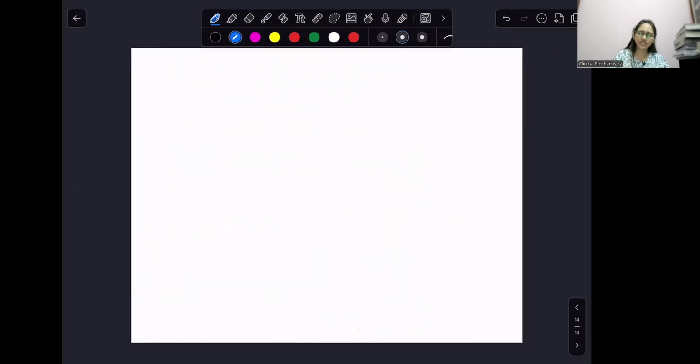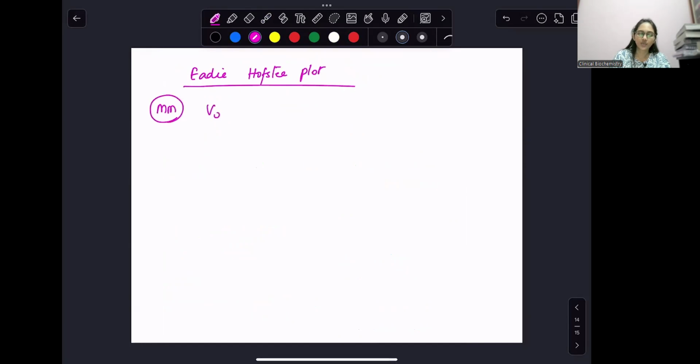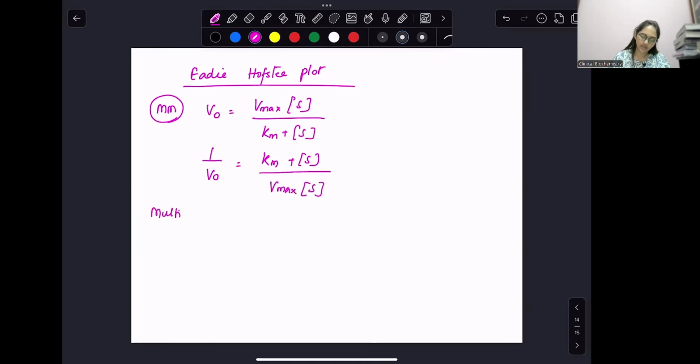Clear? Now let's move on to the next plot, which is the Eadie-Hofstee plot. Again, writing the Michaelis-Menten equation, starting off with that, V0 is V max into S divided by Km plus S. Now, taking reciprocal of this, 1 by V0 is Km plus S divided by V max into S. I will multiply the entire equation with V max.